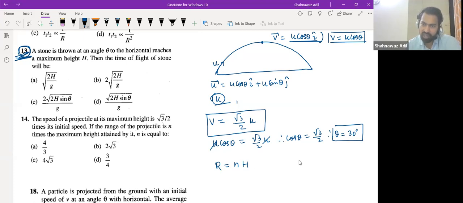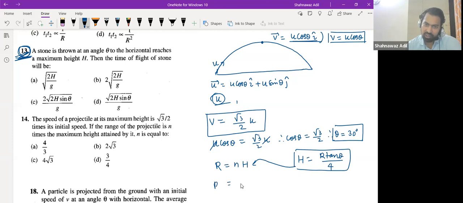What was that? h was r tan theta by 4. Am I correct? Yes, sir. So let us put this value in here. r is n times h, and h is r tan theta by 4.